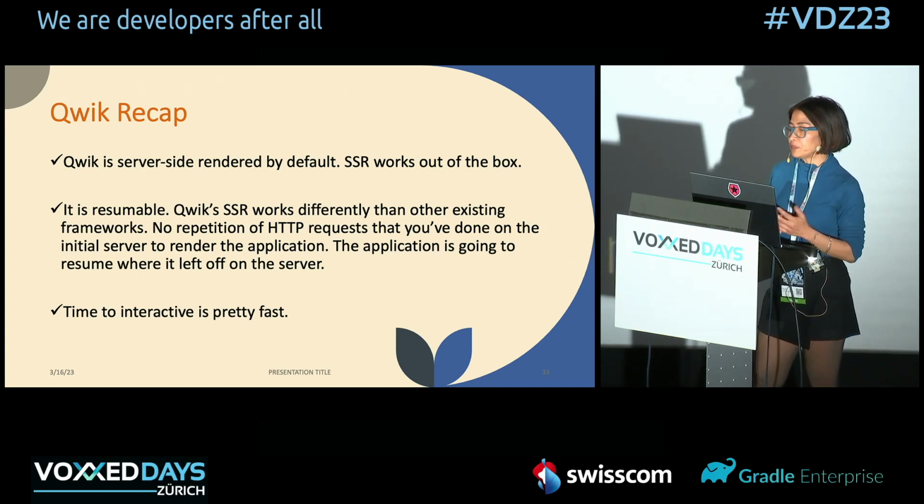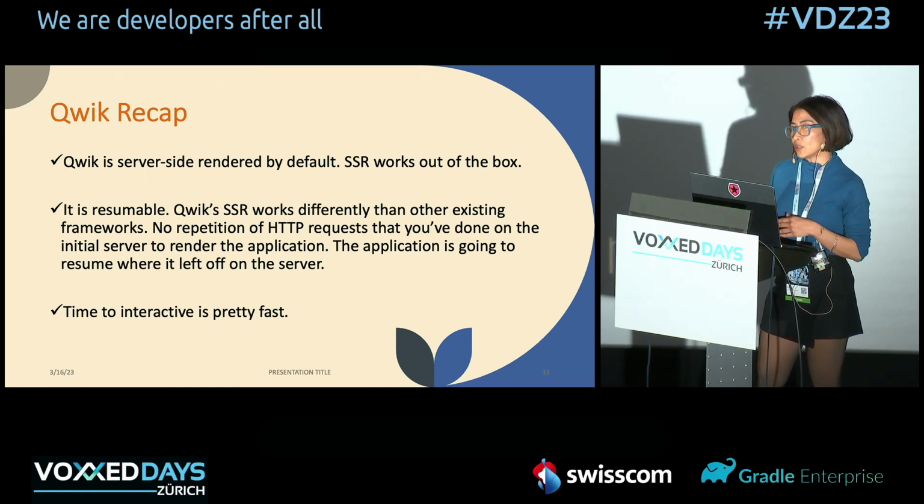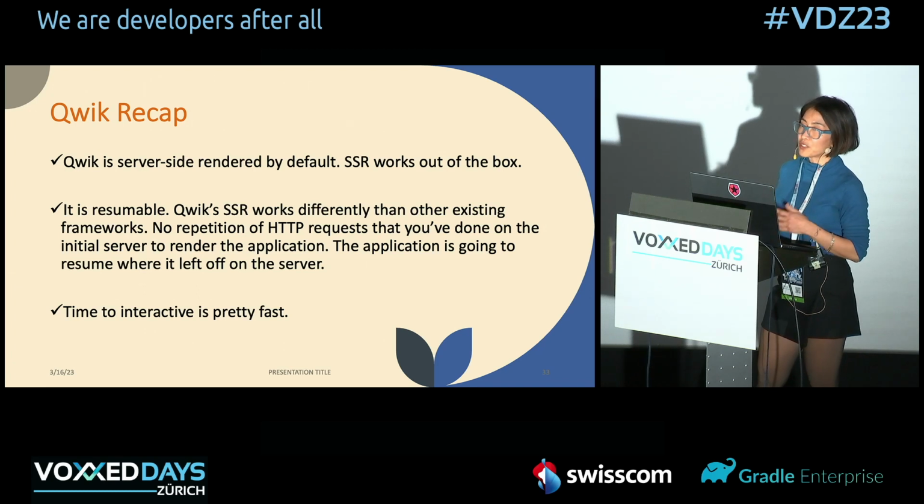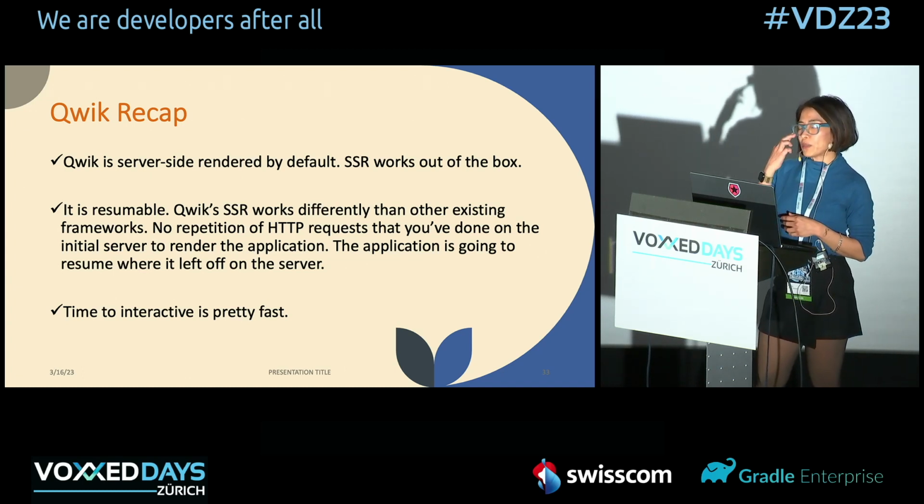It is resumable, and this is the most important distinction that you won't find in previous generation frameworks. When it comes to state transfer between the client and the server, developers do not need to worry about it.